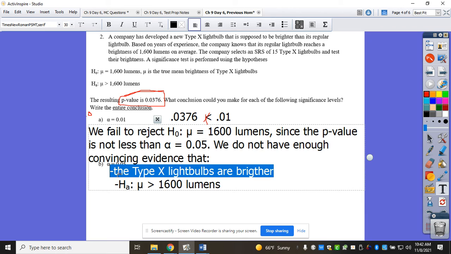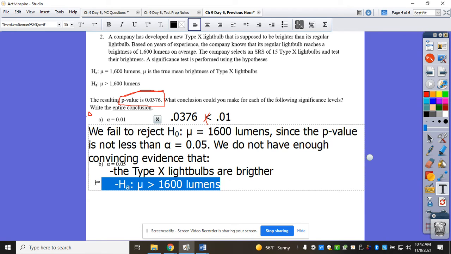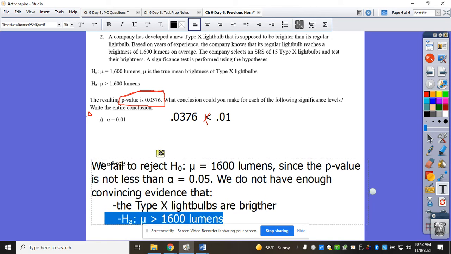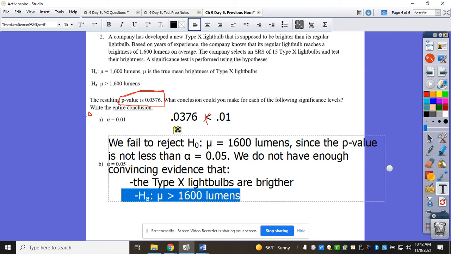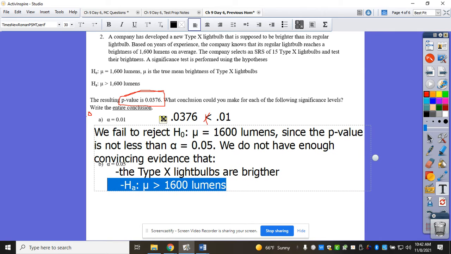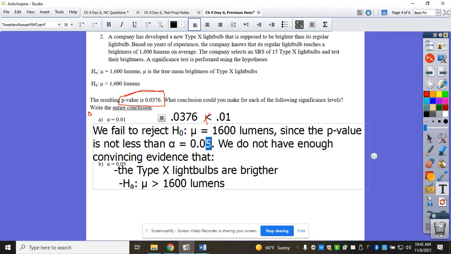You're either writing this one, which is in context, or this one, which is just directly taking the alternative hypothesis. 0.5 or 0.05. Say that again. Here. Okay, thank you.